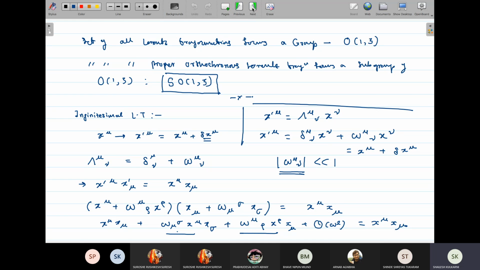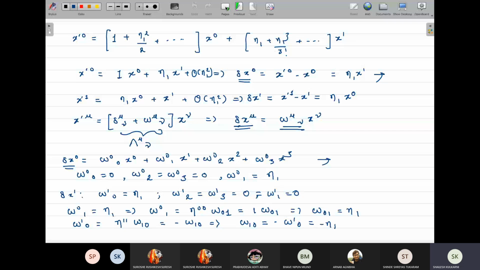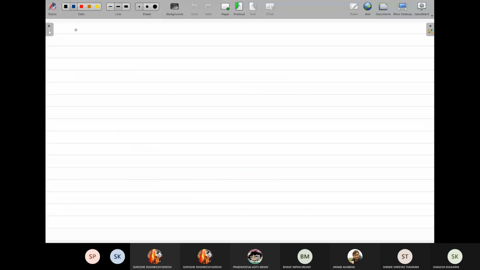Fine. Now recall what happens for a rotation. Suppose I consider a rotation along the z-axis by an angle phi. This rotation you can write as the matrix with cos phi, minus sin phi, sin phi, cos phi, and 0 0 and 1.